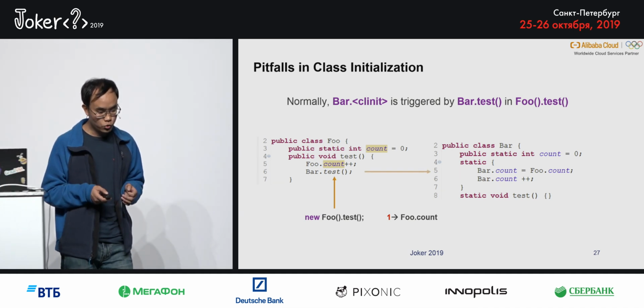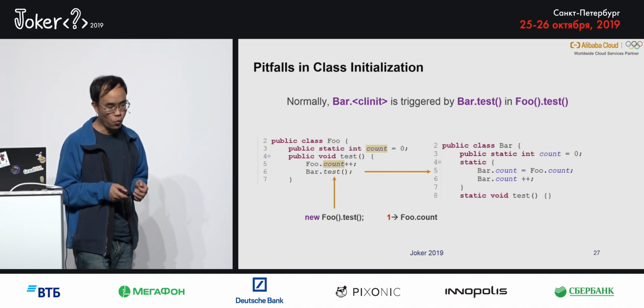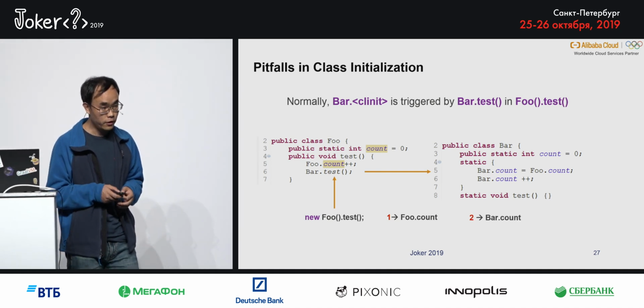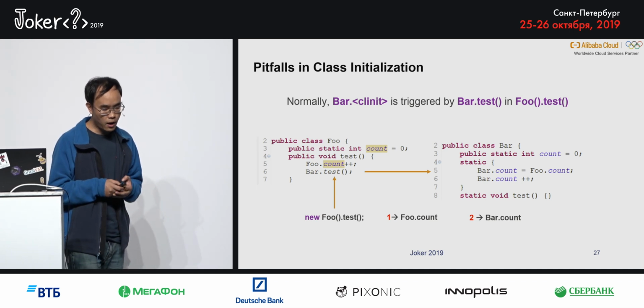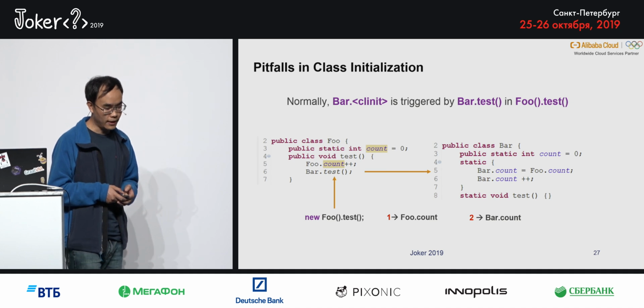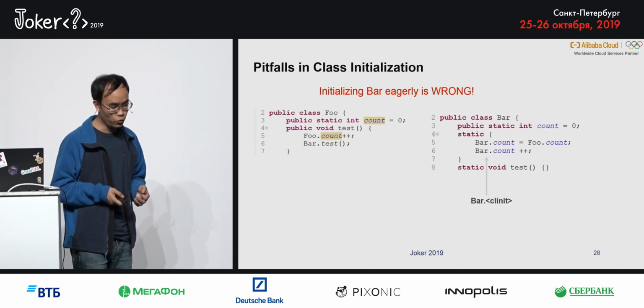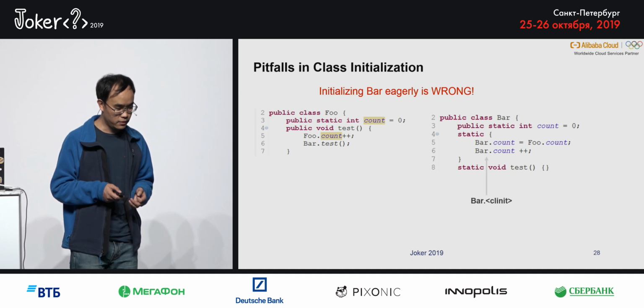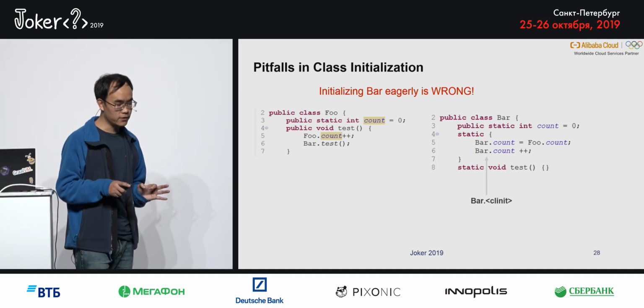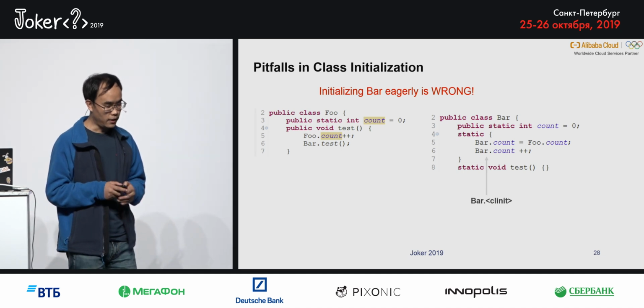When the initialization is done, you can see the Bar count gets 2. This is the normal execution, but if we compare it, we initialize Bar eagerly.